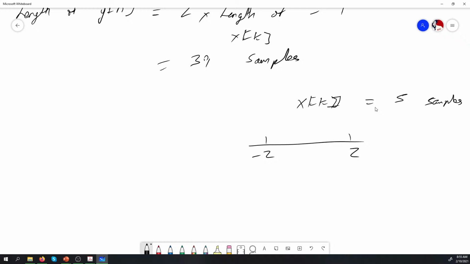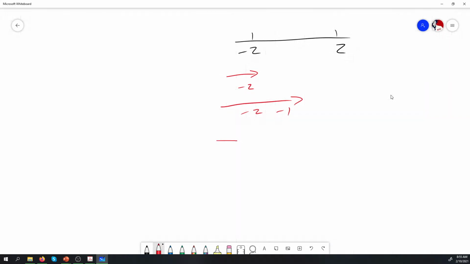And if we convolve it, it would be such that we'll go here minus 2, then minus 2, minus 1, then we keep on going, such as minus 2, minus 1, 0, then minus 2, minus 1, 0, 1, and we keep on going as of such.